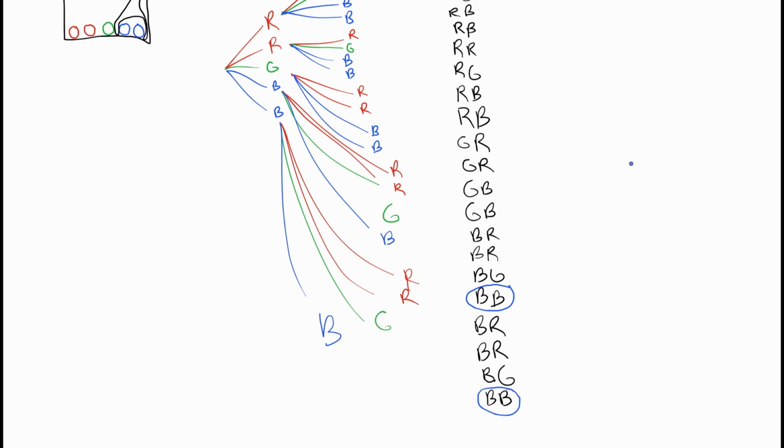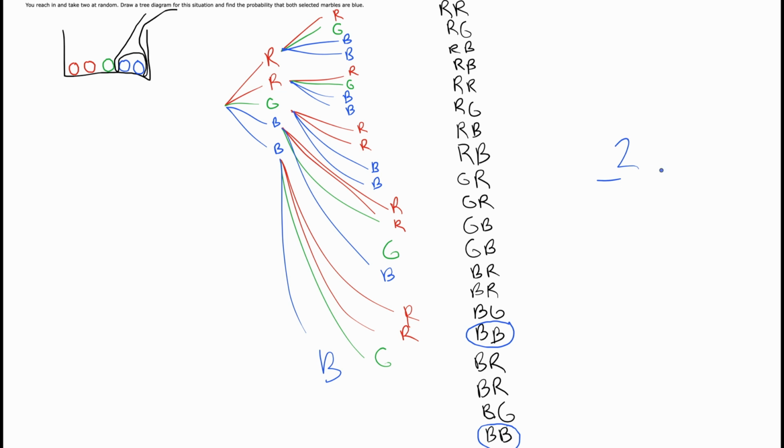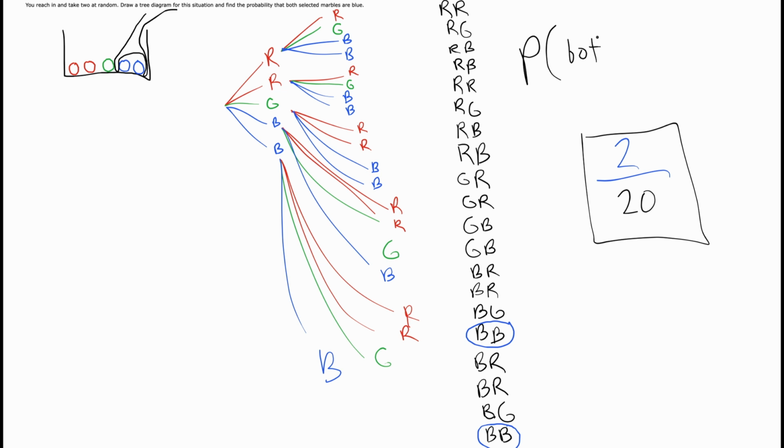So my numerator needs to be 2. And then we put it out of the entire sample space, which if you count them up is 1, 2, 3, 4, 5, 6, 7, 8, 9, 10, 11, 12, 13, 14, 15, 16, 17, 18, 19, 20. And so that would be my answer for the probability of both blue.